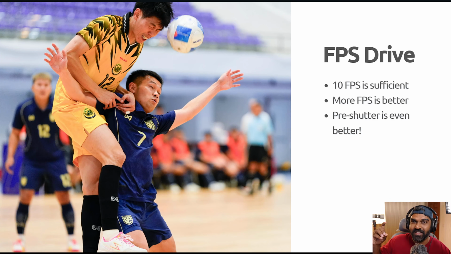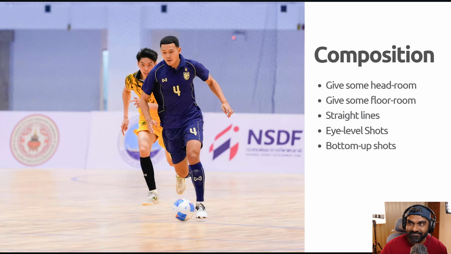Then 10 frames are done, and you already have 10 frames from before you realize the action happened. Of course you recorded the entire action as well. So you can select the right shot and then publish it. It's an absolute blessing to have the pre-shutter in your camera. But if you don't, then it's still enough. I hope so.